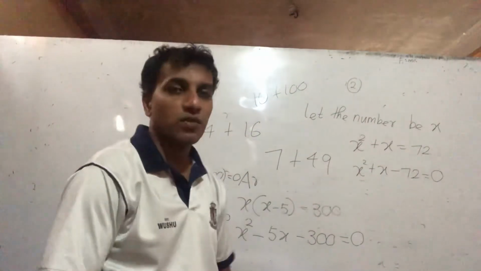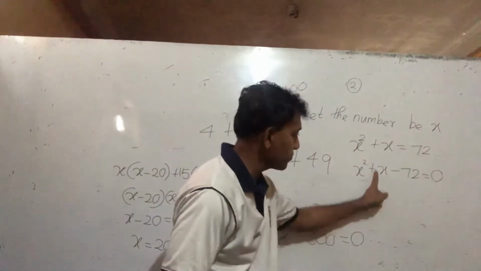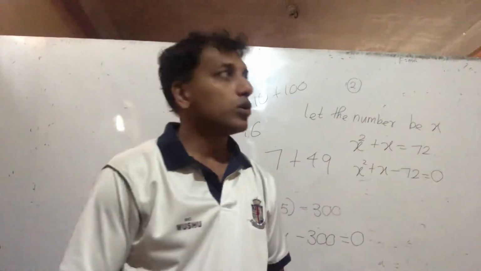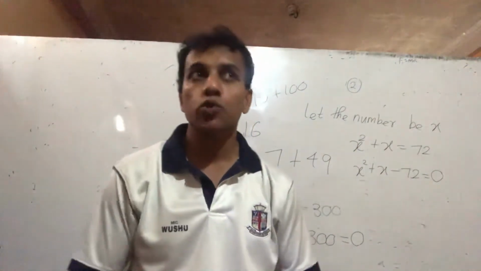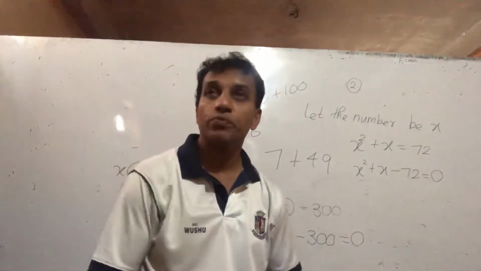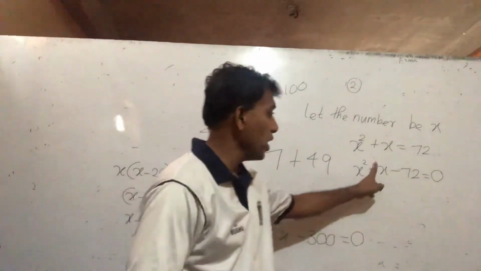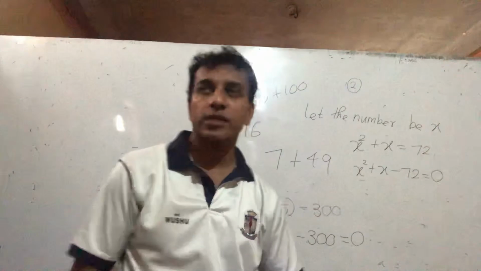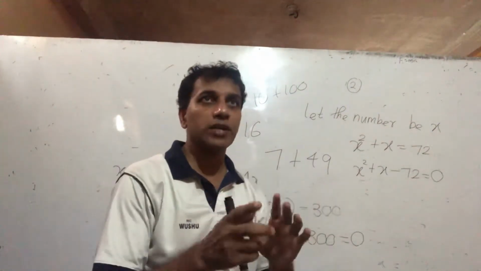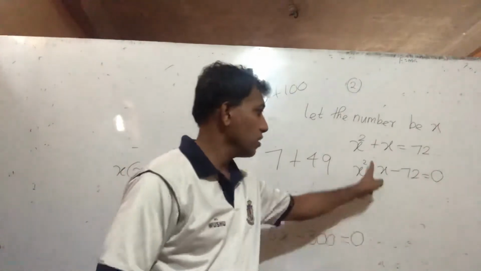So multiply to 72, and here the coefficient is 1. So think of factors, two numbers that multiply to 72. 12 times 6 is 72. 36 doubled is 72. 1 times 72. And here we need 1, so I think 9 times 8. 9 multiplied by 8 is 72. Using 9 and 8, 9 minus 8 is 1.